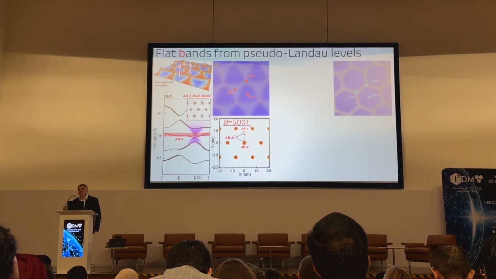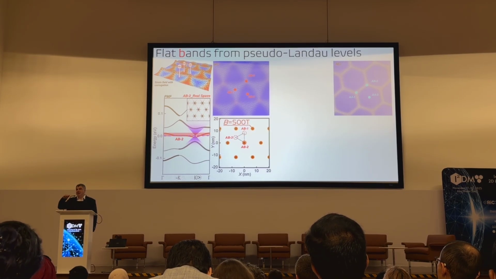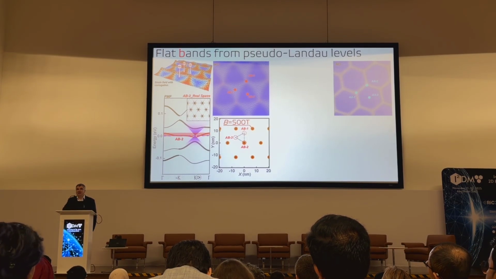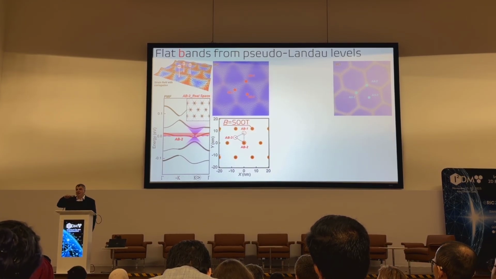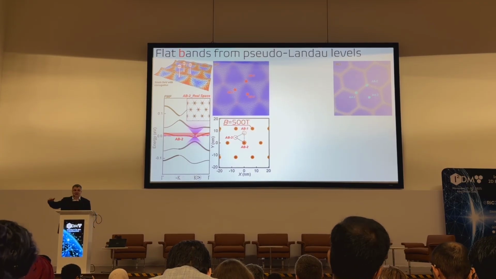And that's the beauty of graphene, that whichever magnetic field you put, you are guaranteed that you have a Landau level sitting at zero energy. So in our case, what it means is that you have a flat band sitting exactly at zero energy.